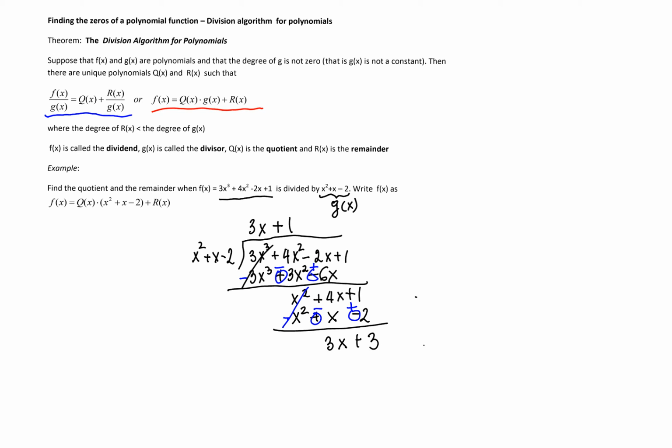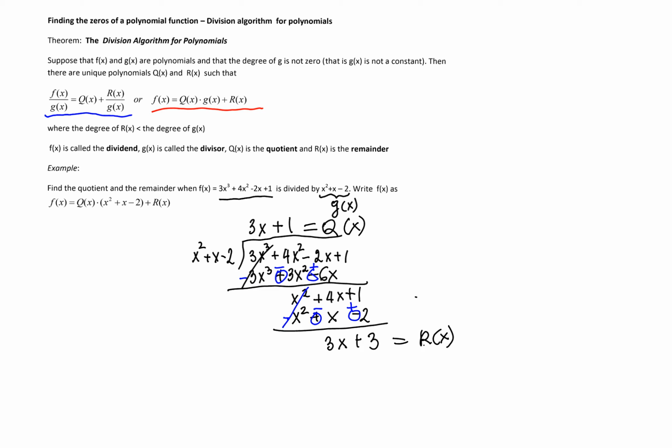The degree of 3x plus 3 is less than the degree of the divisor, so we stop here. This is the remainder. And the expression 3x plus 1, this is q of x.